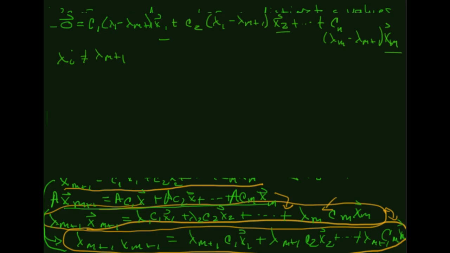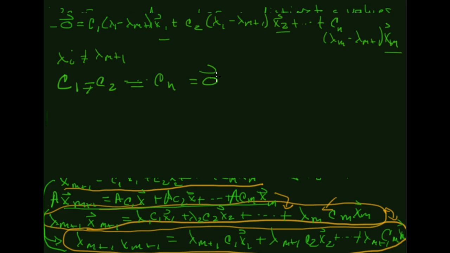If they're not equal, and these guys are linearly independent, then what I have to have is that c1, c2, out to cm, all of these have to be equal, and in fact they all have to equal 0, which is a contradiction of what we said earlier, that you had to have at least one of these that was not equal to 0. Okay, so we've got our contradiction.